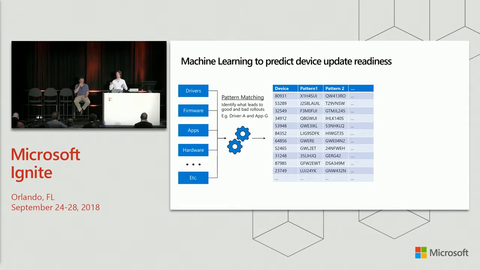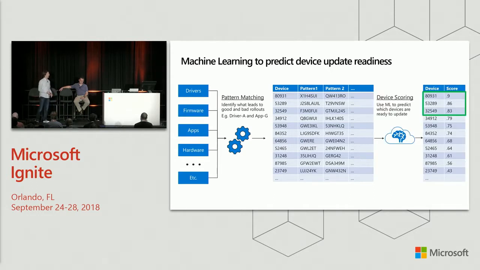we correlate these patterns. And so imagine a giant database that has device IDs and it has patterns, and we can cross-connect all of those patterns and then run some statistics on it in order to essentially score every device as being a good update or a bad update with a probability associated with it.